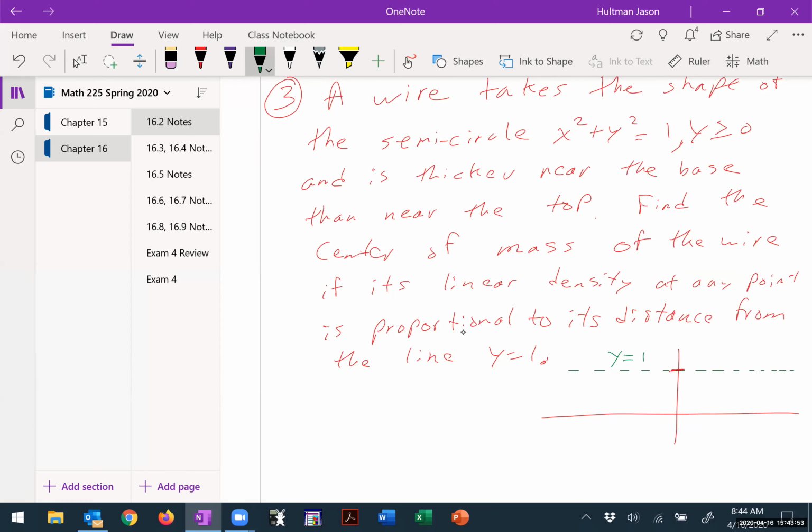And then the wire itself, I'm going to put in purple. I'm going to go out here to 1, 1. And that wire is this purple half circle.